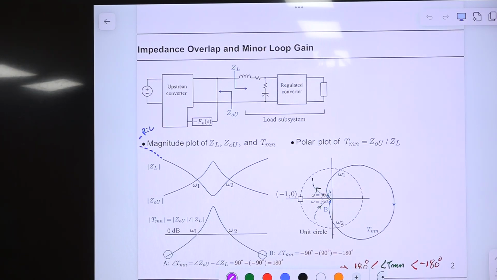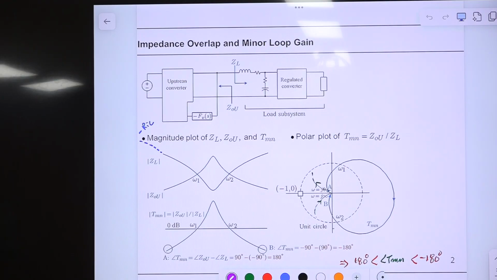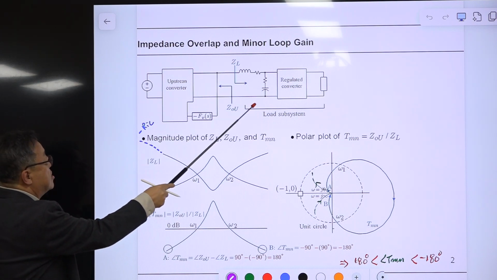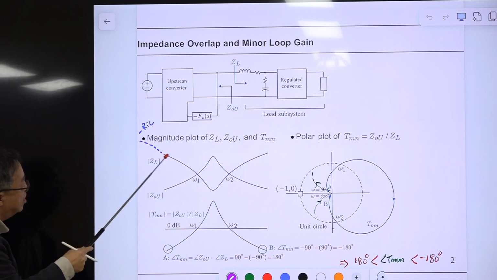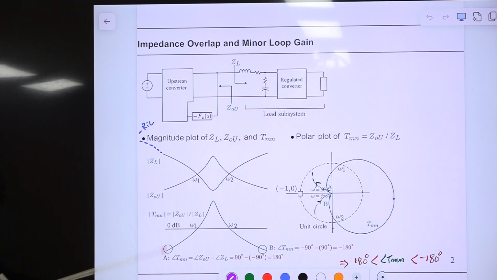So here we are reviewing the impedance overlap and the minor loop gain. Right? So again, I'm showing this. This is GL, the load impedance of this load subsystem. This part is controlled by this line filter stage, and this low frequency part approaches minus RIC.